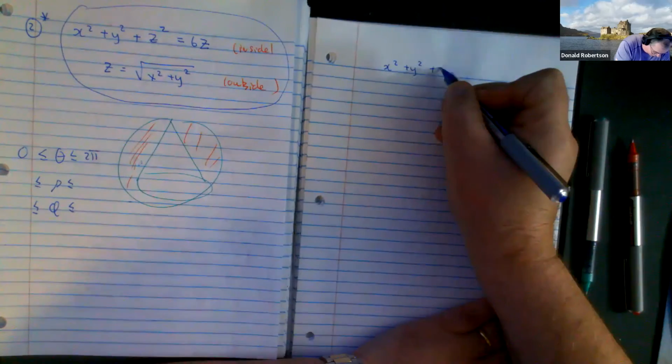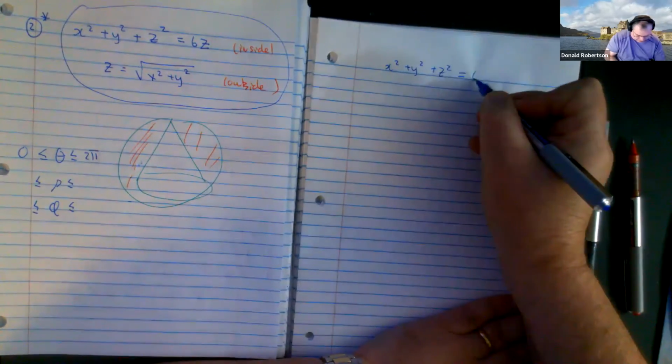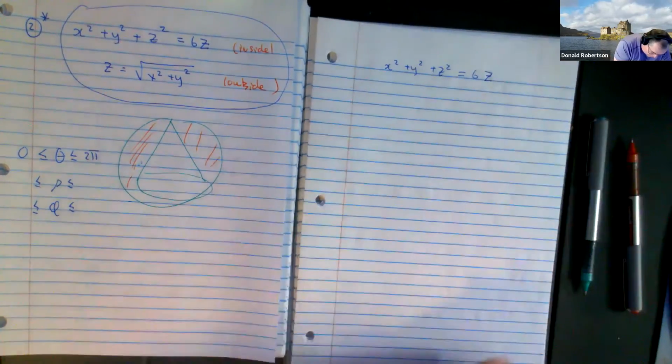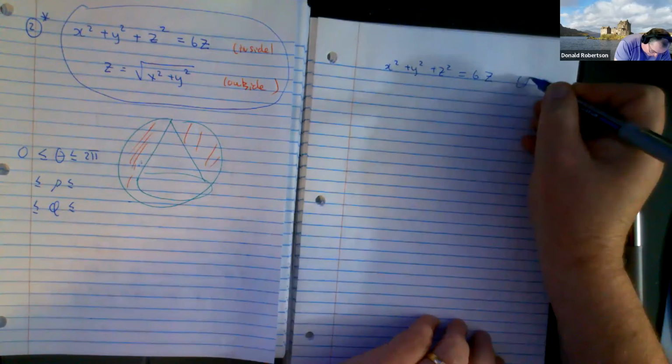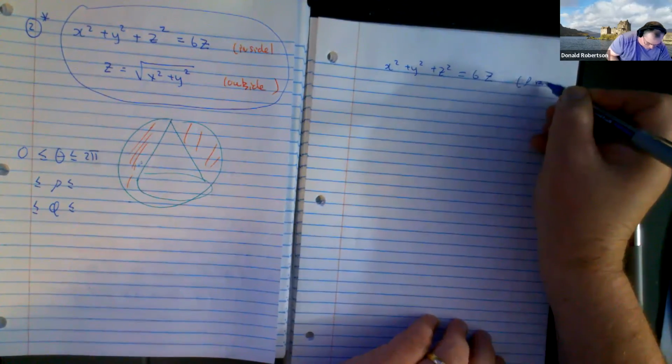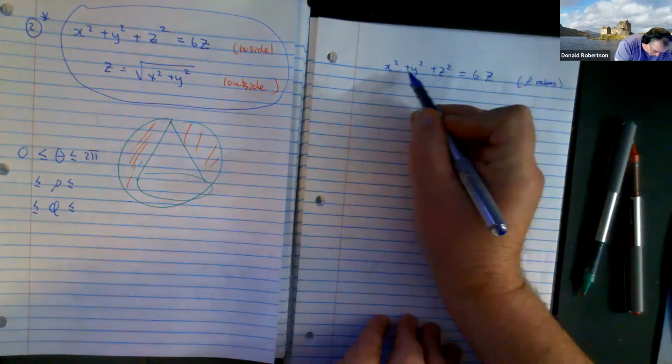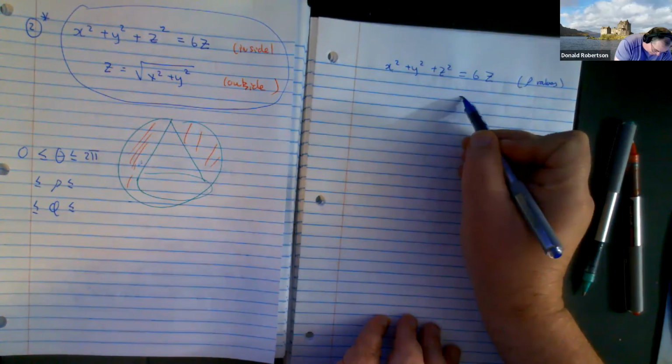Okay. So I'll put this over here. I'll start with the first one. x squared plus y squared plus z squared equals 6z. And I'm going to get out of this values for rho. Well, I know x squared plus y squared plus z squared, isn't that just rho squared?